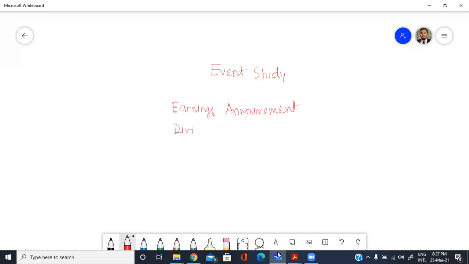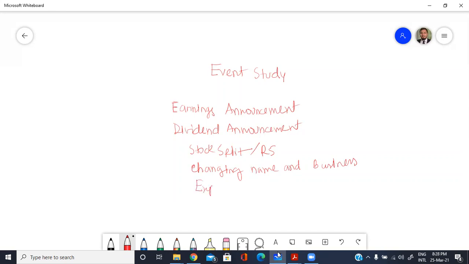There is also an event for dividend announcement, for stock split or reverse split, disclosure for changing name and business, and for expansion.